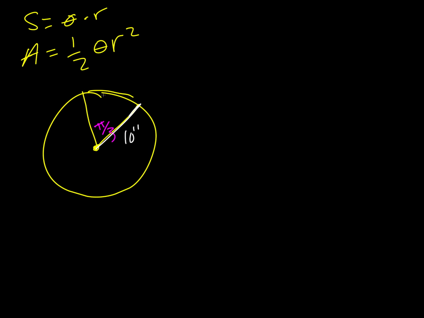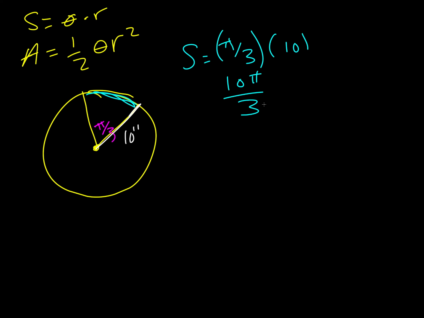And then we want to know how long the crust is. And since it's curved, we decide to do some math instead of just measure it. So we're going to say S is equal to pi thirds times 10. So that's going to be 10 pi thirds.